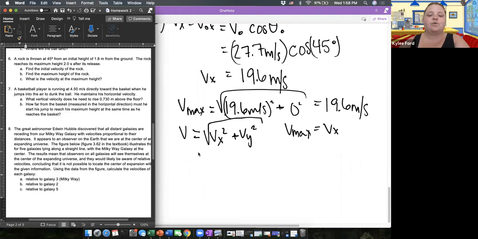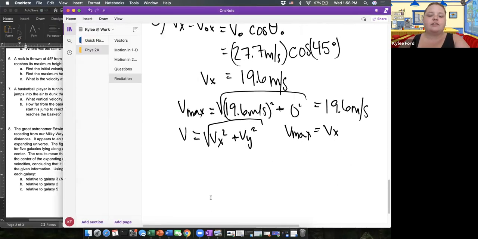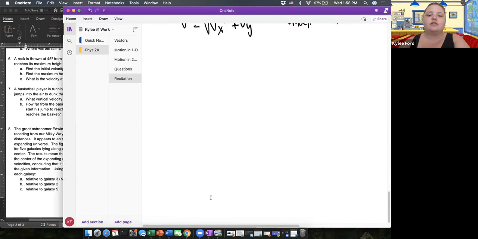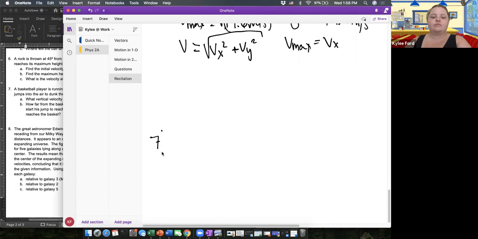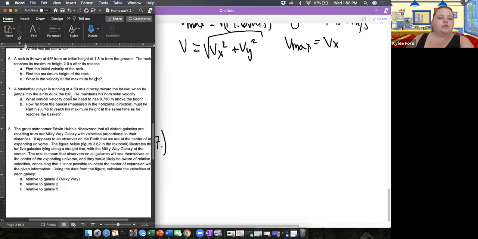All right, so I'm gonna move on then, if there's no questions, to number 7. So we have a basketball player running at some velocity towards the basket.